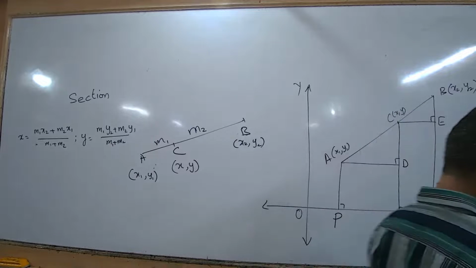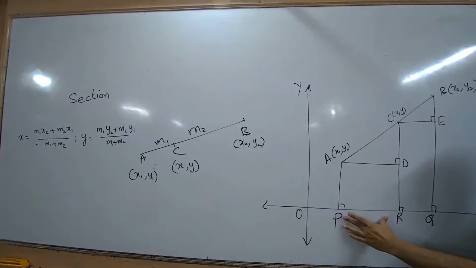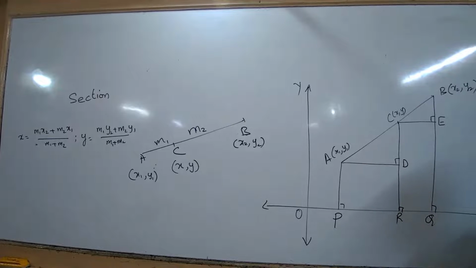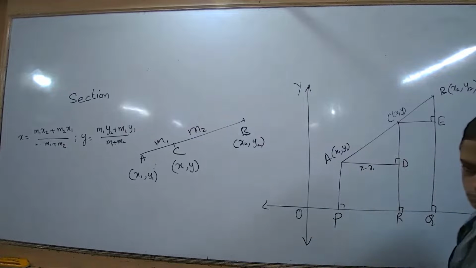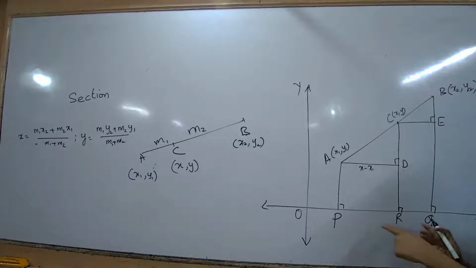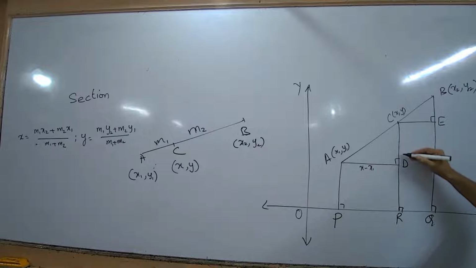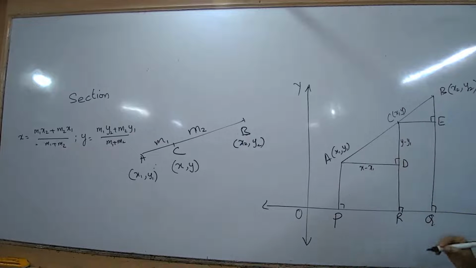Now, what is PR? x minus x1, OR minus OP. Then what will be AD? Same, x minus x1. Can you tell me what will be CD? y minus y1.